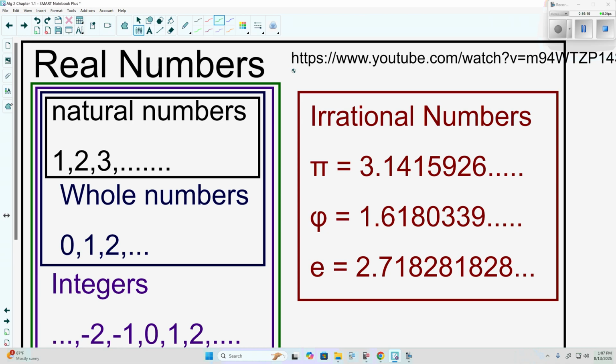But this also begs the question, if we have something that's defined as real numbers, that also means we must have what? Something that is not real, or non-real numbers, yes? Well, we do. We call them the complex numbers or imaginary numbers. There is a group outside of the real number system that is called the complex numbers or imaginary numbers.